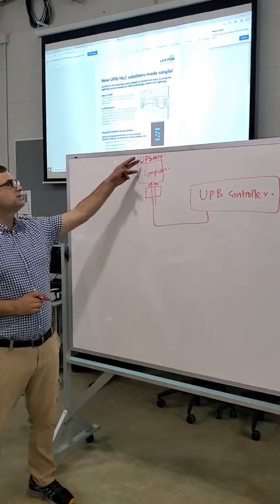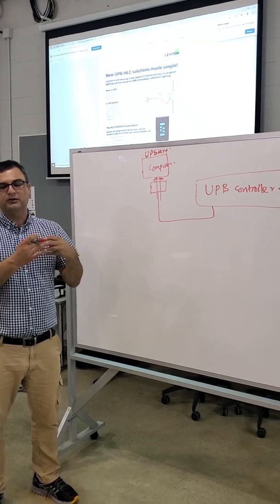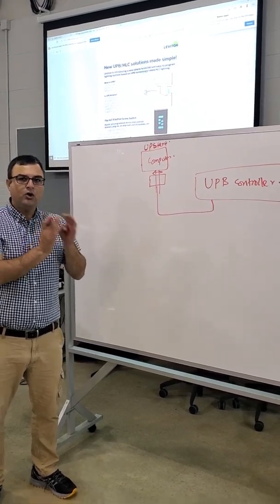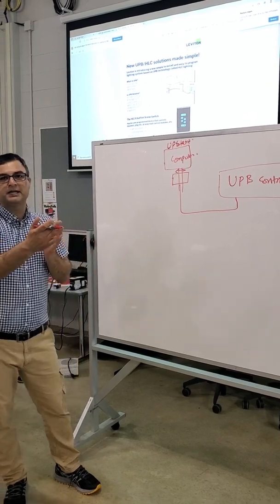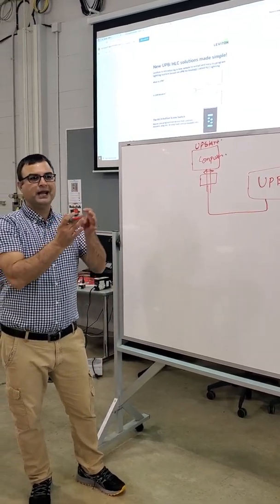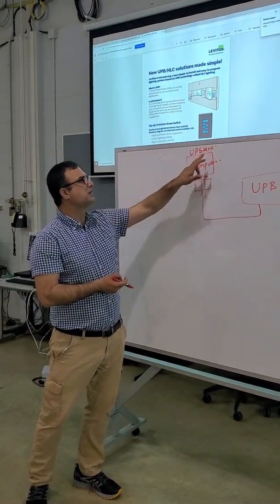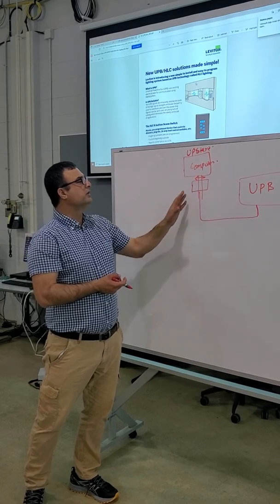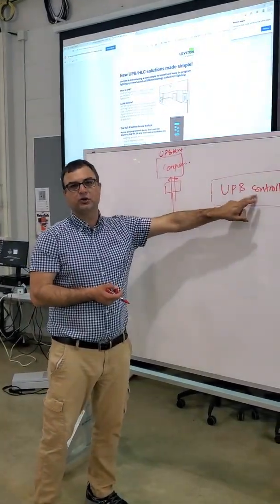For example, it's the same thing as if you have a printer: you install the driver on your computer so your computer and your printer can communicate, or a scanner, or an iPhone, or any of those. So we have to have a driver. In this case, Upstart is a software that is going to communicate between the computer and the UPB controller.